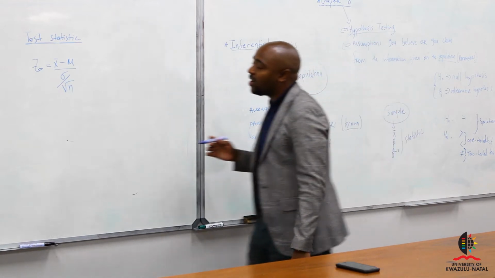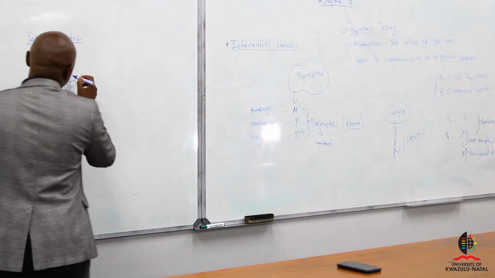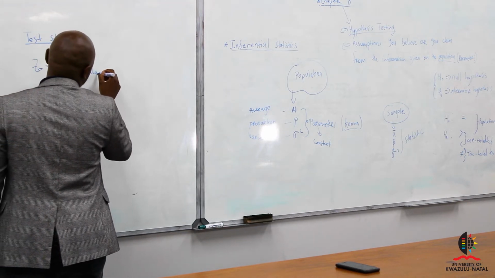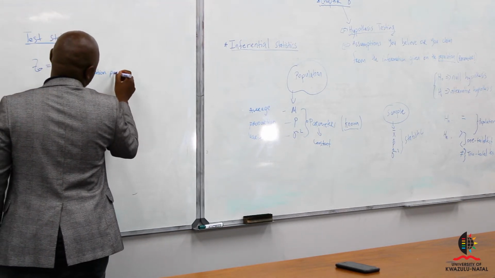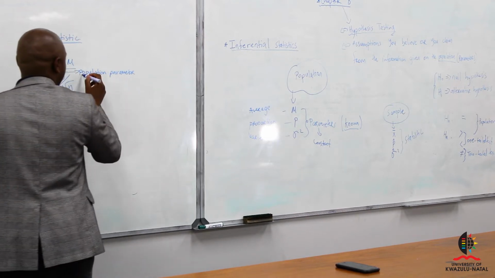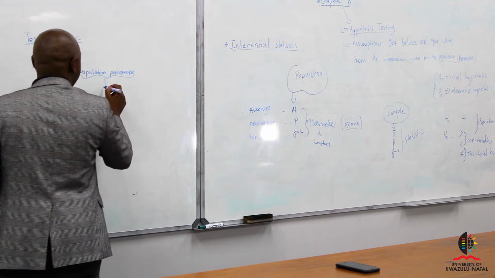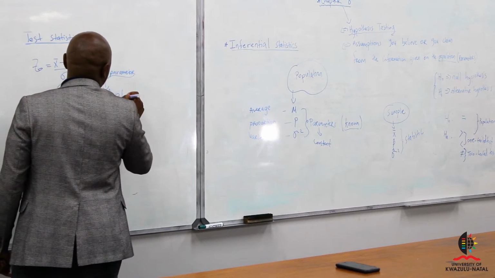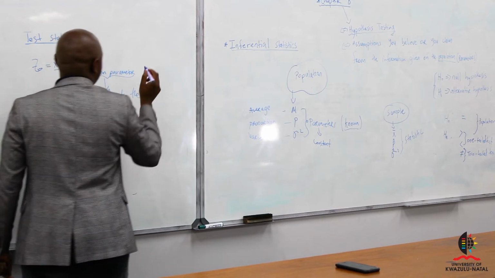So the error, you must include it. This is the population parameter. What is this? This is the standard deviation of the population.